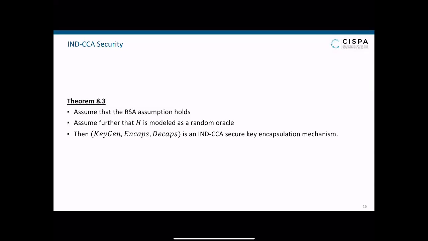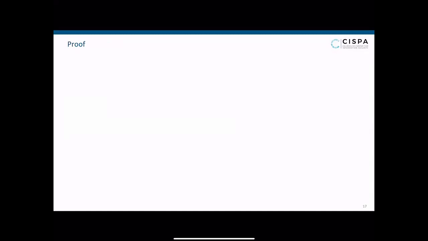So we have roughly 13 minutes left, and I'm just going to sketch the proof ideas. As a first thing, let's take the IND-CCA security experiment for a KEM and instantiate it with the algorithms KeyGen, Encaps, Decaps that we've just seen.